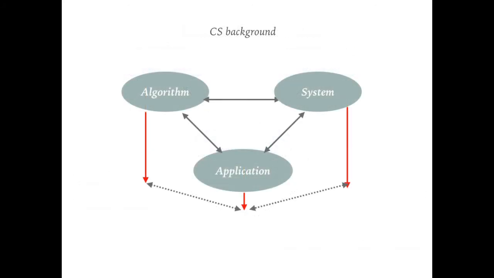For people with a CS background, depth requirement means that you should choose a specific direction as your main direction, namely the system or algorithm. By this way, you could have enough understanding of the specific direction.